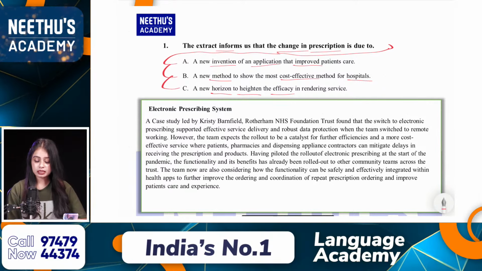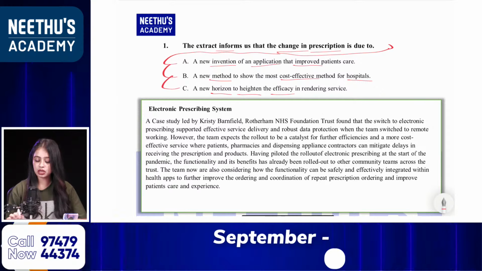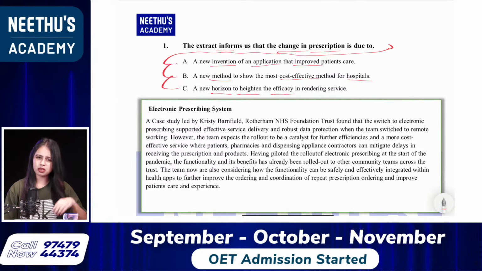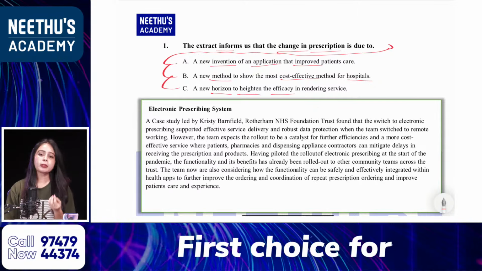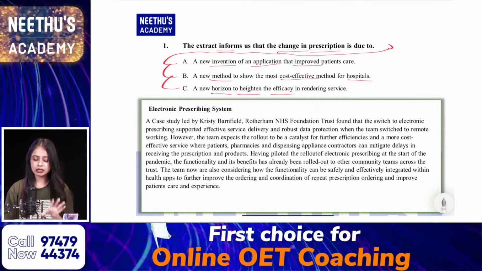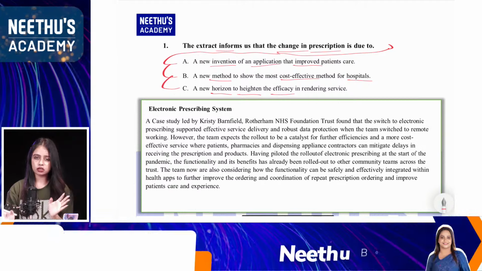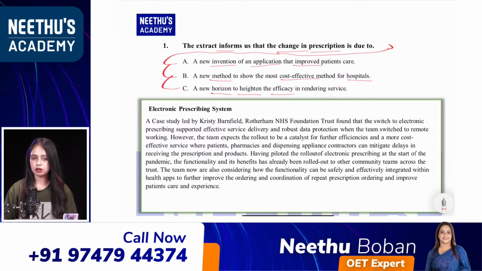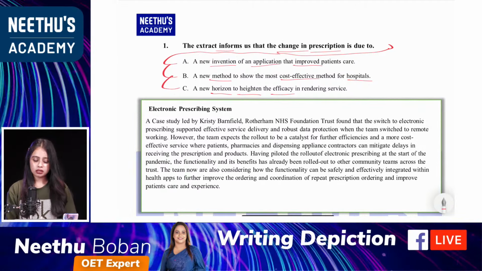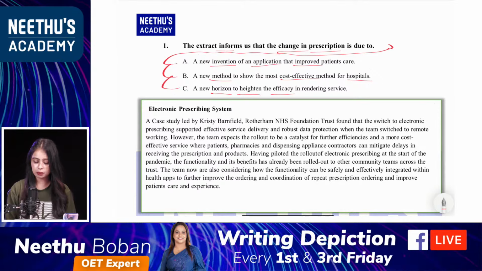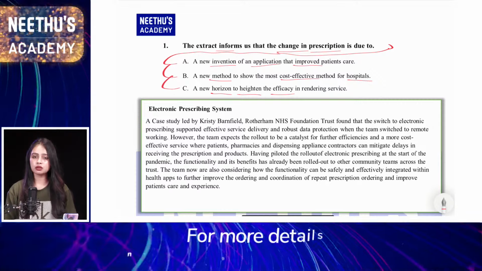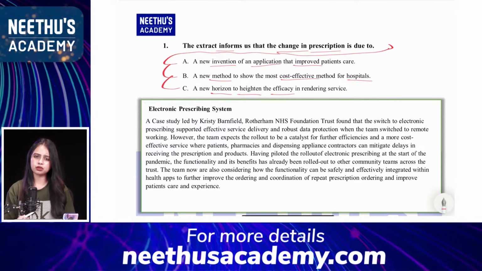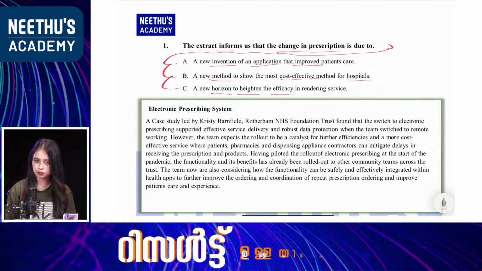The extract informs us that the change in prescription is due to something. Something is changing here, which means the prescription itself is changing, and this extract, this document, gives you information all about an electronic prescribing system. We might think it's a manual or maybe a device, but of course not.